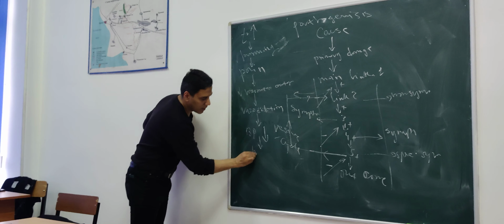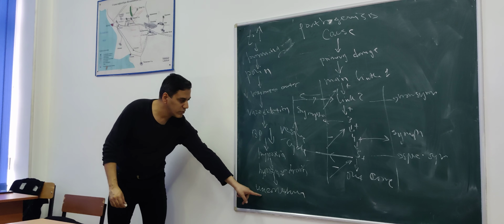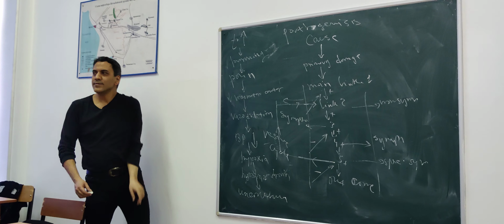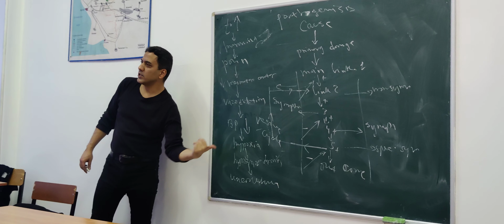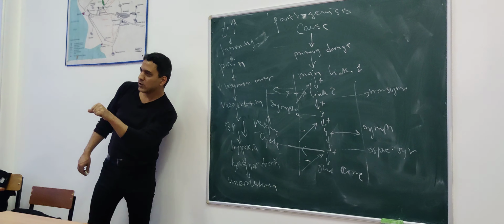It will lead to hypoxia in organs and mainly hypoxia of the brain. Hypoxia of the brain will lead to what? Unconsciousness. Understood? This is the pathogenesis of unconsciousness in case of burning. That's why studying pathogenesis is very useful for doctors in medicine, because we know all links.